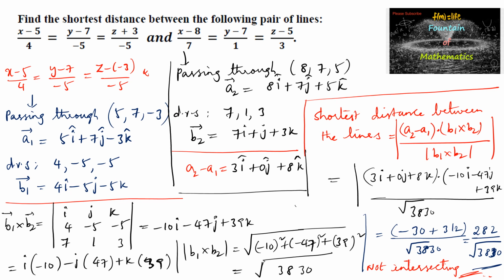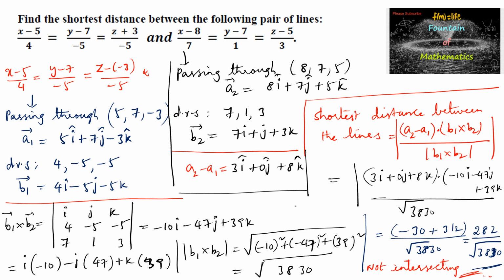The mod of b1 cross b2 is equal to the square root of minus 10 whole square plus minus 47 whole square plus 39 whole square, which after simplification is equal to the root of 3830.